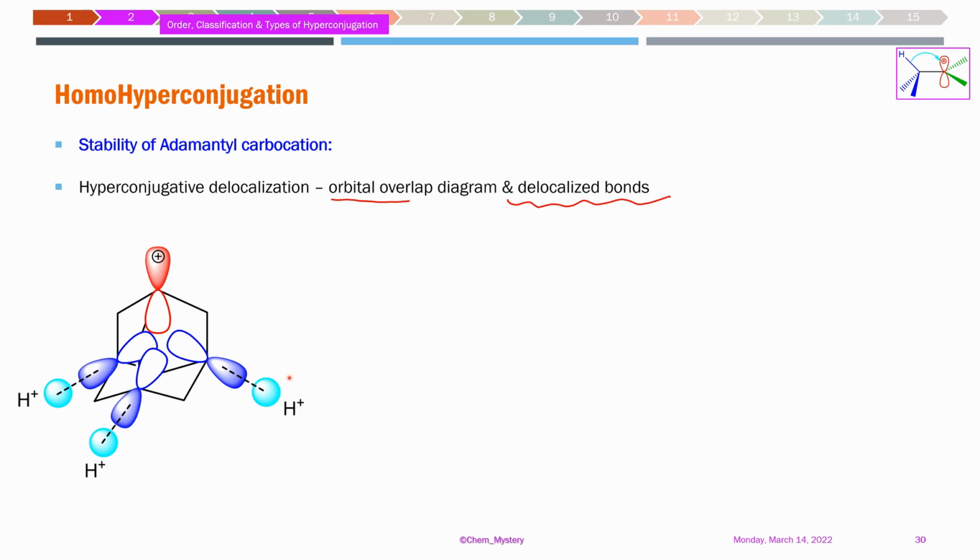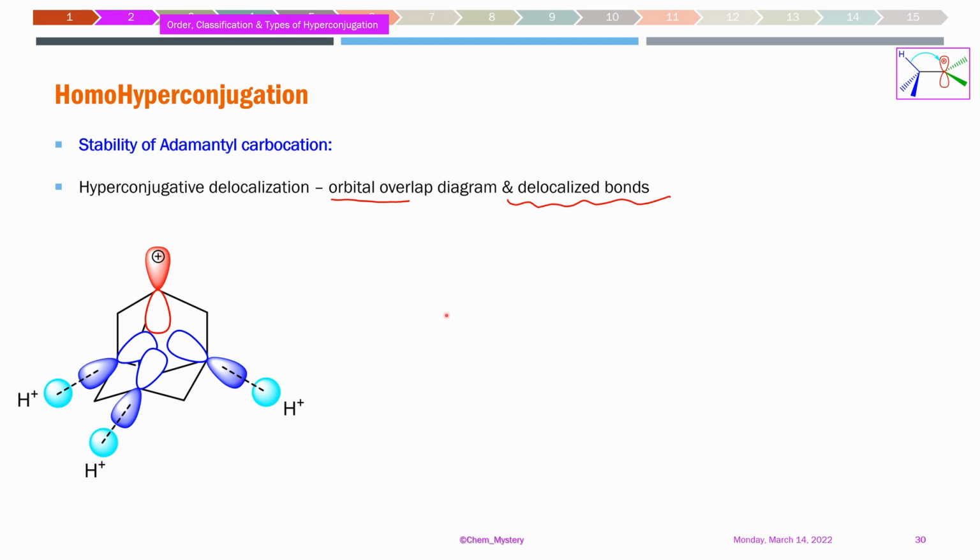So if we remove those hydrogens, we are breaking these bonds in the first step, and then forming these bonds somewhere else, onto this position, this position, and this position. And we have seen the resonance hybrid earlier as well.